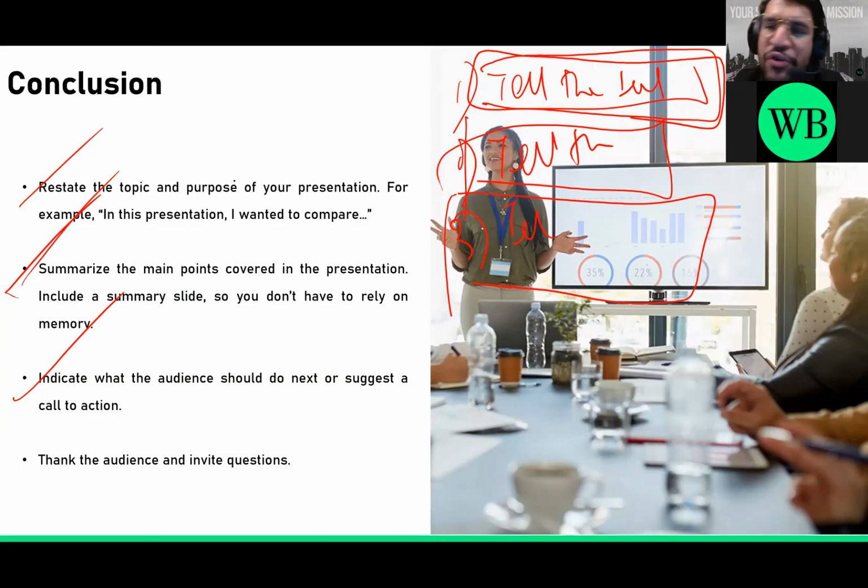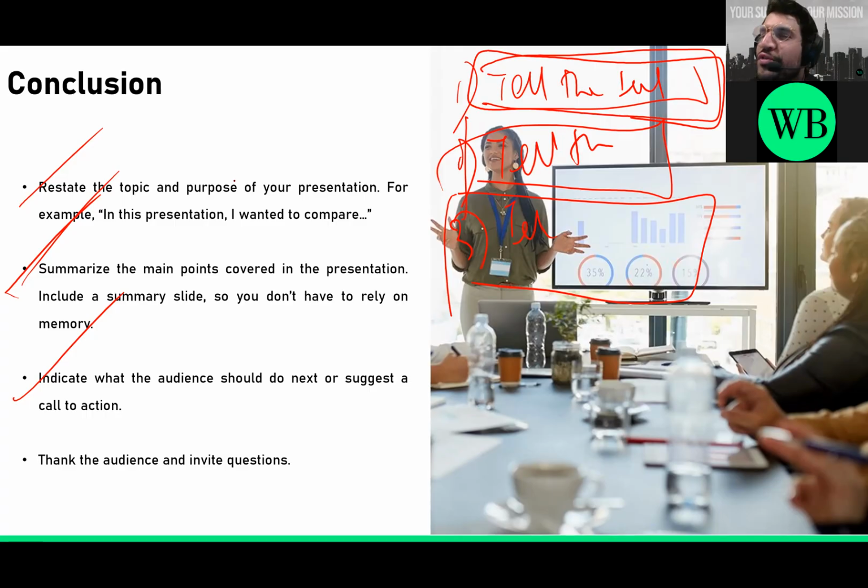Don't shy away from asking them directly for a sign-off, because very often they will say, oh, number one is okay, number three is okay, number two I still have some doubts. Then you can literally ask the person, what are your doubts, right? Or maybe he's done it during the presentation, but whatever it is, at the end, ensure that you ask the audience for what you want, right?